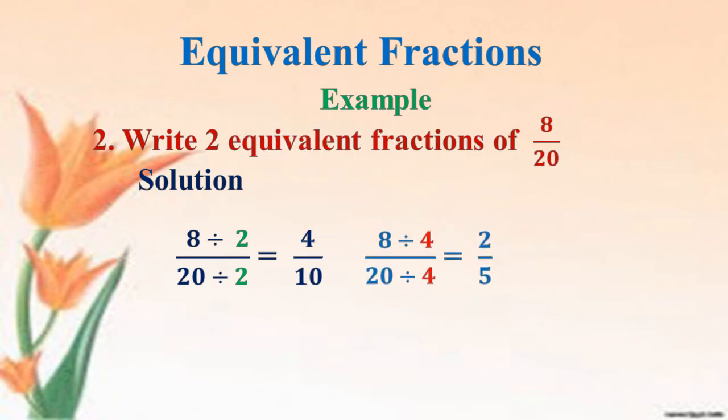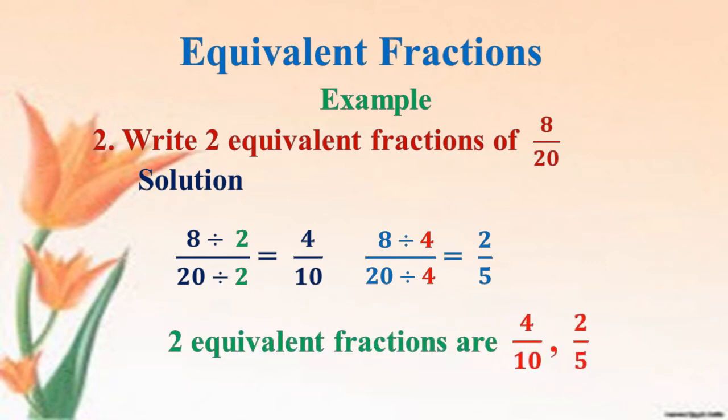For another equivalent fraction, now we take 4 and divide the numerator and the denominator by 4, and we get 2 by 5. Now we can write the two equivalent fractions: 4 by 10 and 2 by 5.